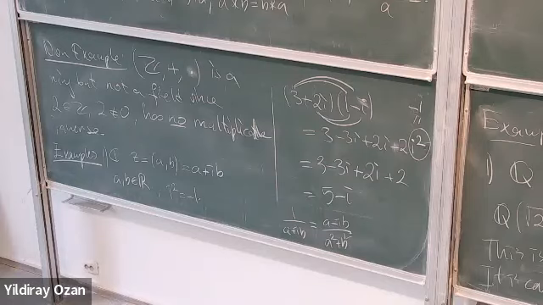Similar to what we had done for complex numbers, you add this to A1 plus A2, and then B1 plus B2 square root of 2. Okay. How do we multiply? Let me just do one example like this.